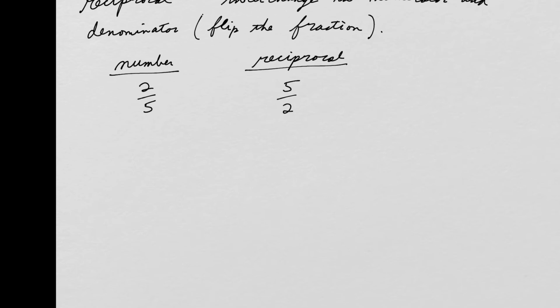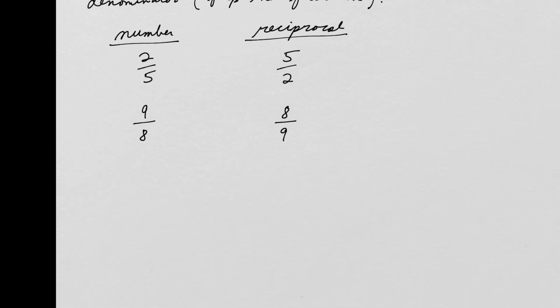If the original number were 9/8, what's the reciprocal? Well, I flip it. So the 8 is going to become the numerator, the 9 is going to go down and become the denominator. If the original number were 5, what is the reciprocal? Well, you have to remember 5 can be written as 5/1. So the reciprocal is going to be 1/5.